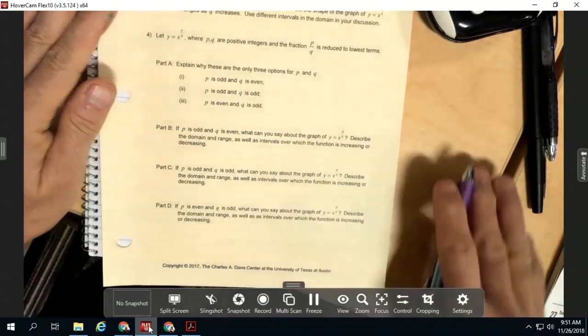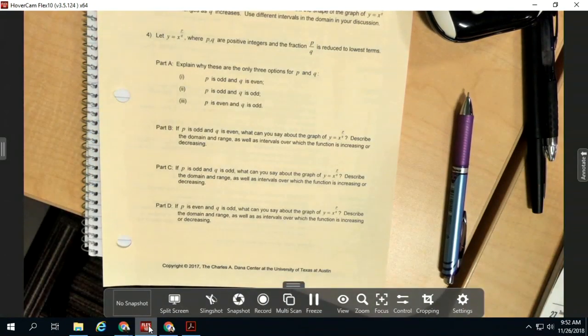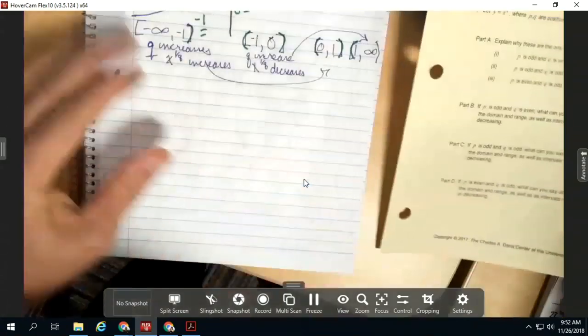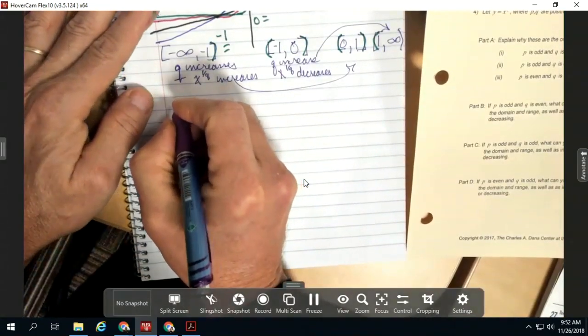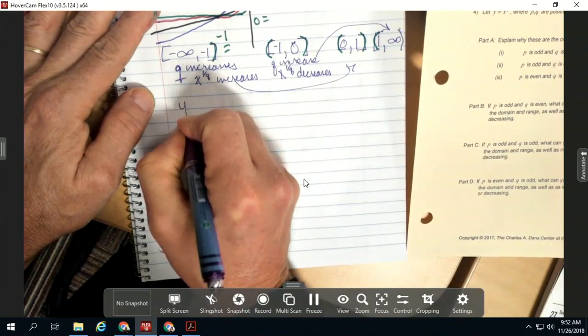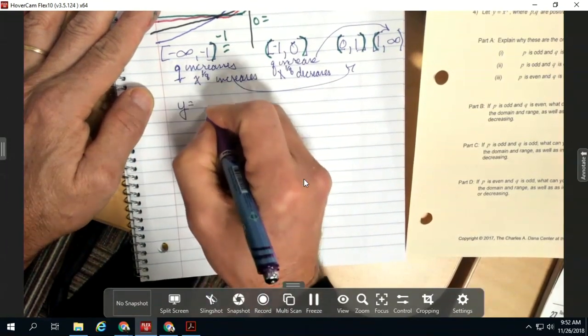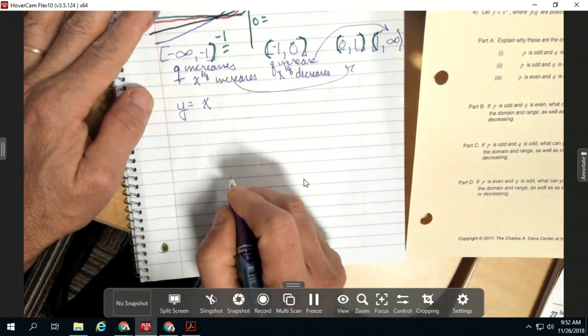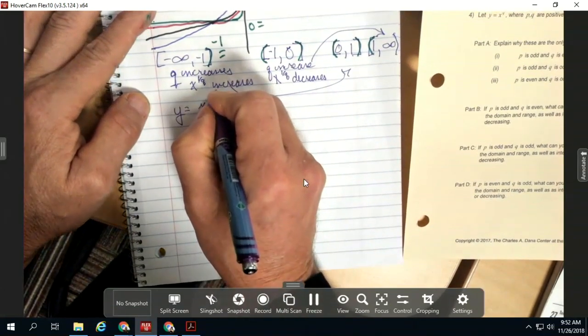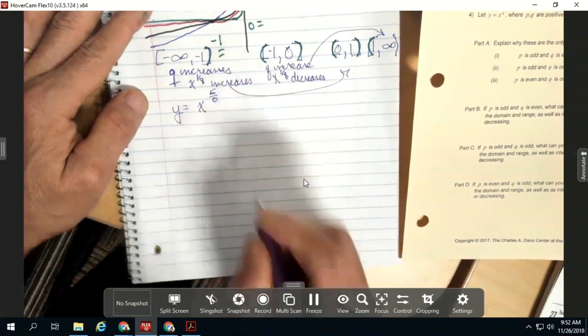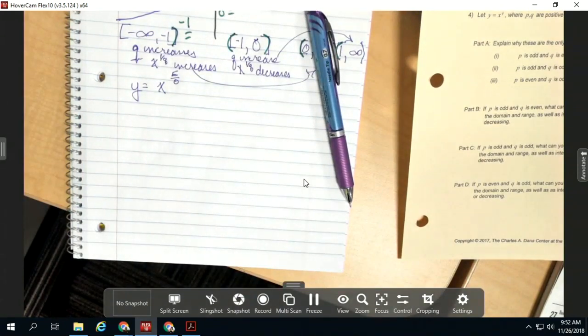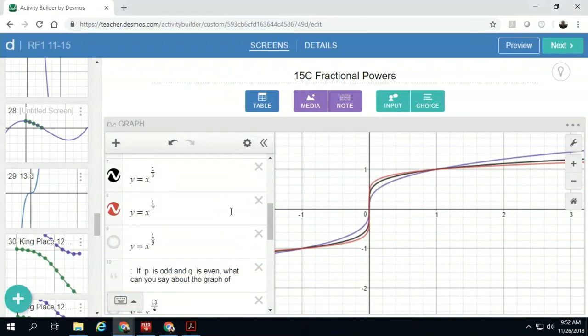So these are our 3 options. B, if P is odd and Q is even. Okay, so I'm going to graph y equals x to the even over odd.